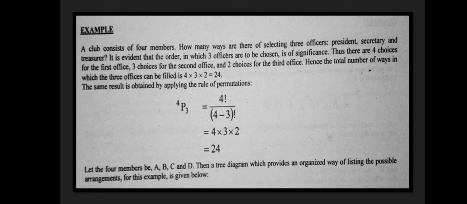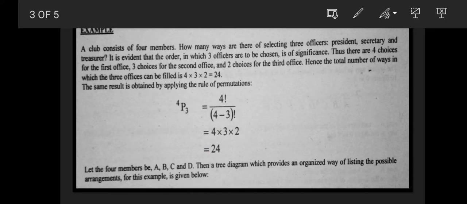And after studying this example, an important result we have obtained. nPr is equal to n factorial divided by n minus r factorial. So if r is equal to n minus 1, here instead of r, write n minus 1. nP(n minus 1) is n factorial.